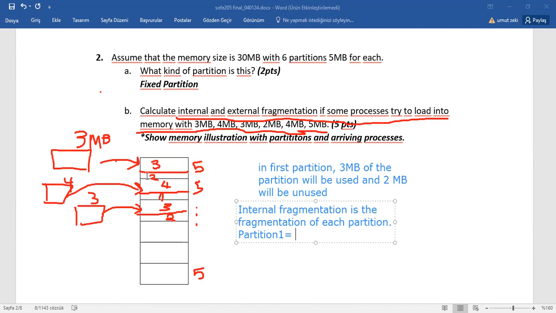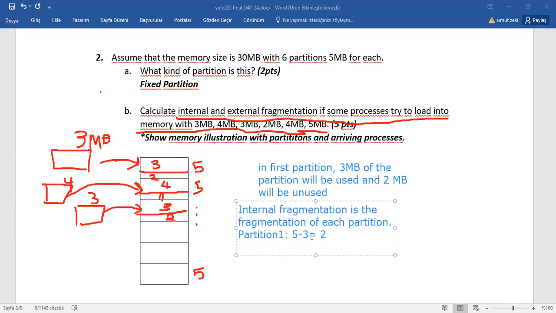What is partition 1 fragmentation? Internal fragmentation is 2. Yes. Okay. Now we are calculating the internal fragmentation. We are going to put them one by one. You can say it like that, by the way, 5 minus 3 is 2.